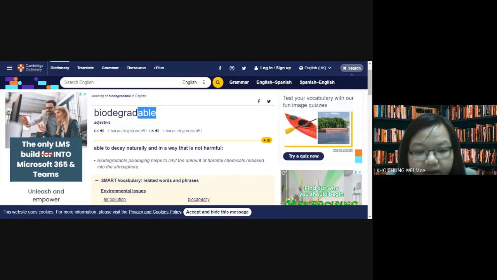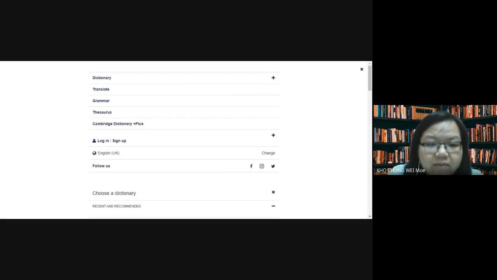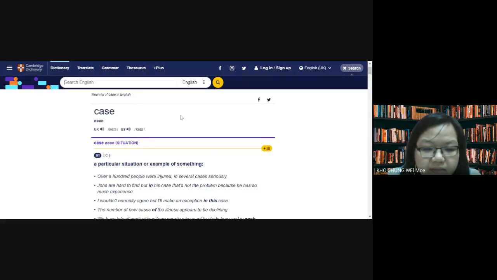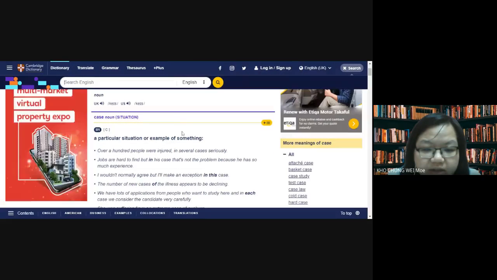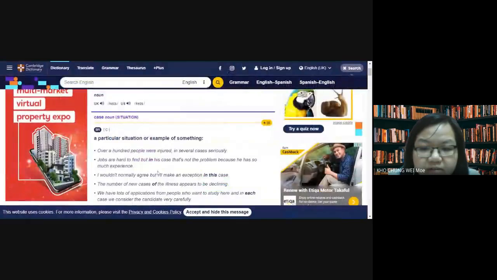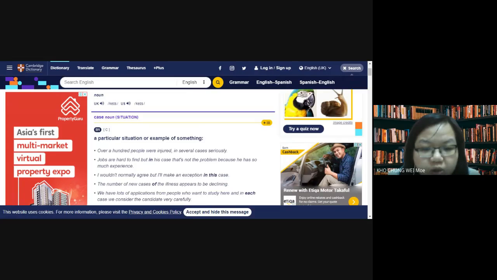So you have an example sentence: biodegradable packaging helps to limit the amount of harmful chemicals released into the atmosphere. So you can look at the sample sentence, but now you already know what biodegradable means. Then you can look for the next word, case. What do we mean by case? Now, there are a few meanings of case. The first one is a particular situation or example of something. This is not what you're looking for.